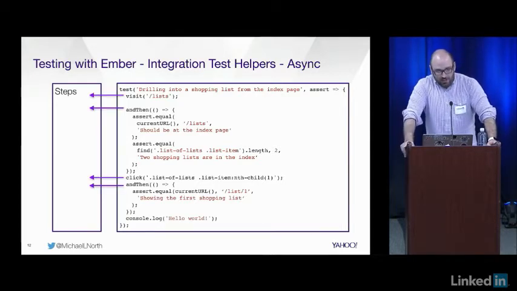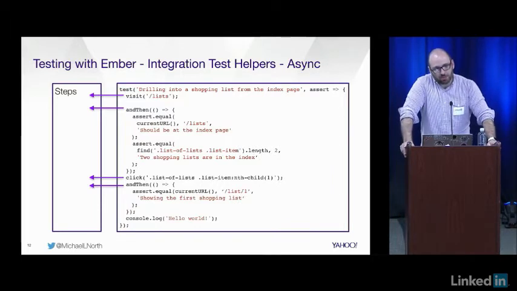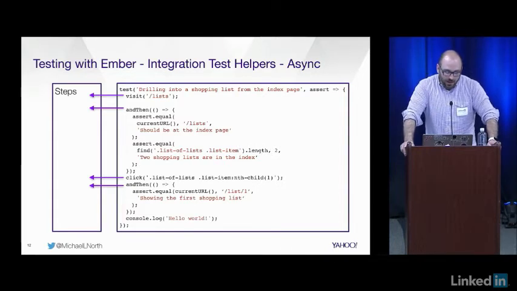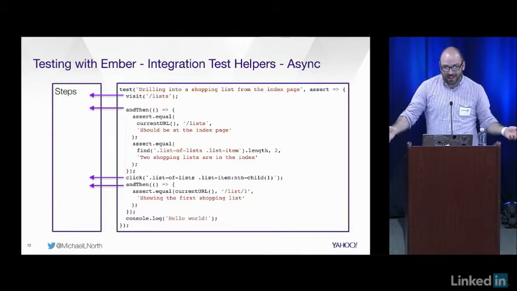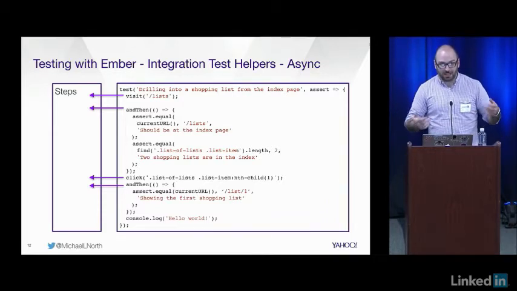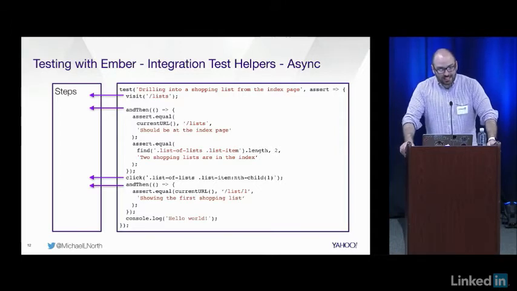So what's happening under the hood is that Ember test helpers is accumulating an array of promises, steps to run, chained together, chaining each successive promise after the previous. So when you call visit and then call and then after it, what's actually happening is you get a head-to-tail connection there. It looks like sync code, but it's actually async code.